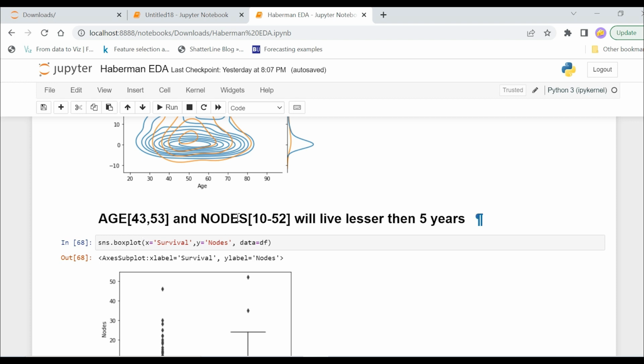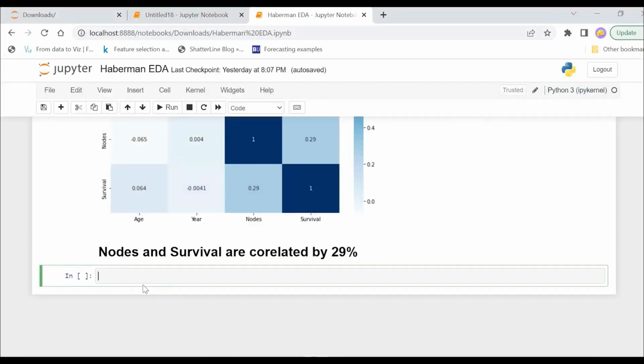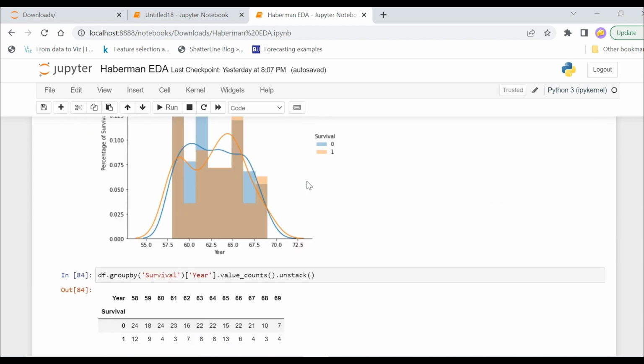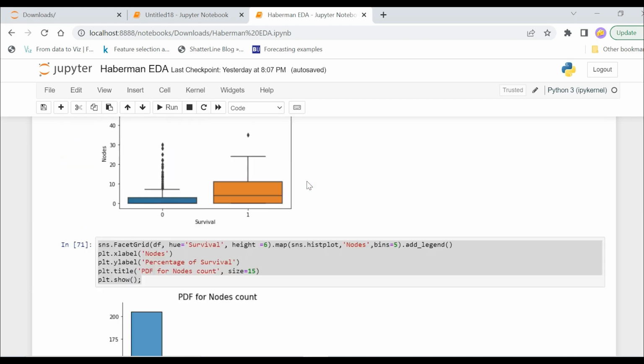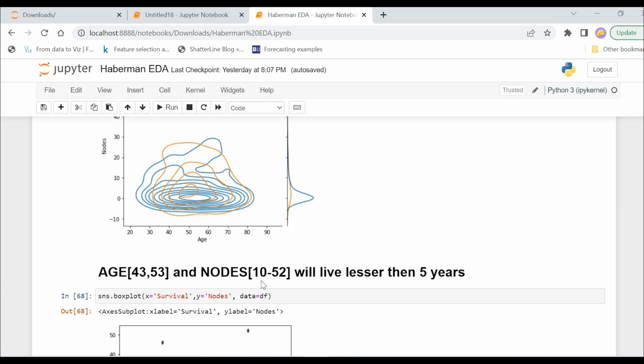But since I know, if you talk about feature importance, node is very important here because node is affecting survival a lot. So I would definitely say, dude, if you have nodes less than 10, but even then you are in the age bracket of 43 to 53, which saw the maximum deaths before 5, I would definitely take a bet on you that you might live more than 5 years.